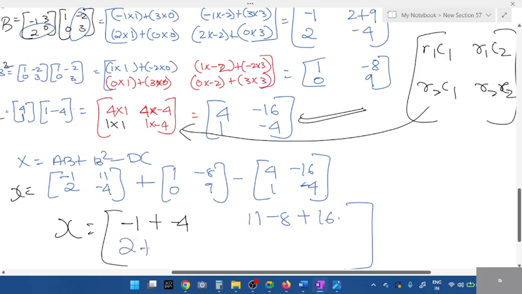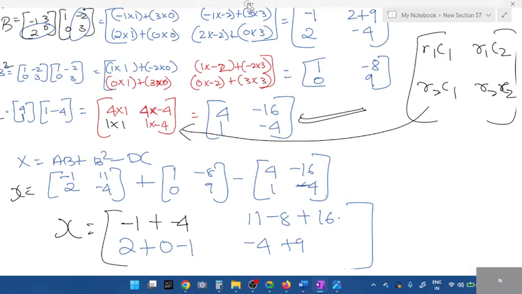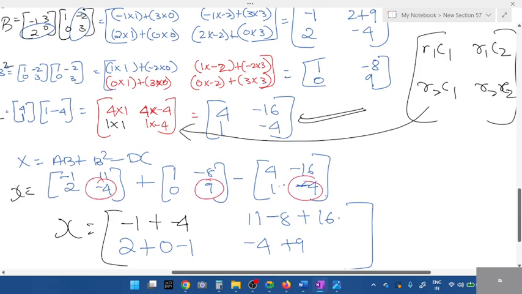Then 2 plus 0 minus 1 minus 4 plus 9. Minus into minus, students, minus into minus. Look at the fourth term. So fourth term from all the three values. -4 I've taken, plus 9, minus into minus. Outside there is minus. Minus into minus is +4.